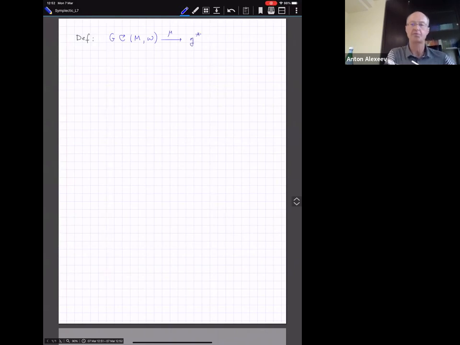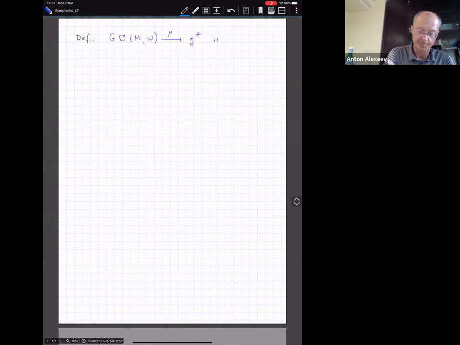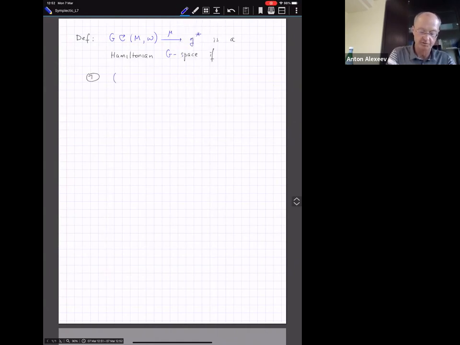So there is a moment map, which is a map mu to the dual of the Lie algebra of G. And we say that this is a Hamiltonian G space if the following conditions are satisfied, and I'm going to list briefly all of them. First of all, M, omega is a symplectic manifold.